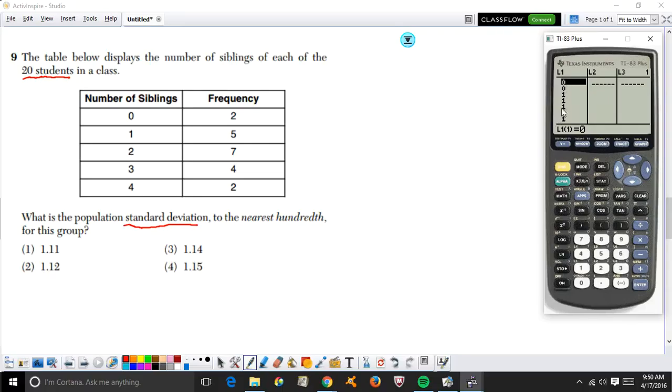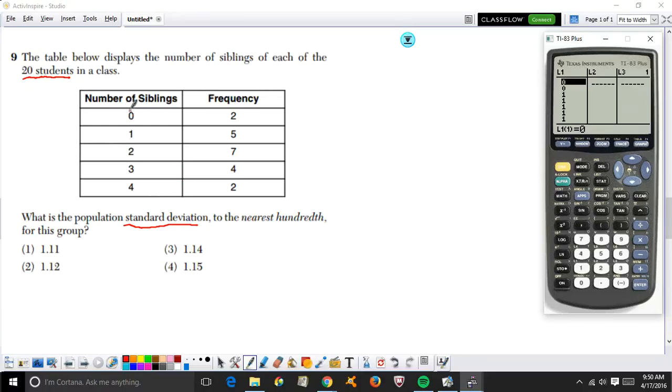Now, how did I get these values? We have to understand what the frequency table says. Frequency is how many times the number appeared, and this is the number that appeared. So in this case, the number 0 appears 2 times. The number of siblings of 1 appears 5 times. The number 2 appears 7 times. The number 3 appears 4 times, and so on. So we place that in our calculator.